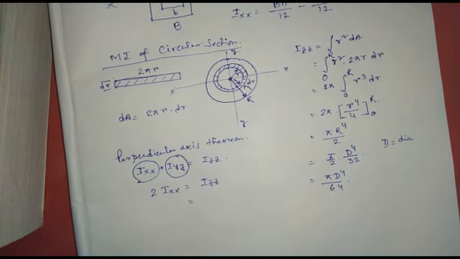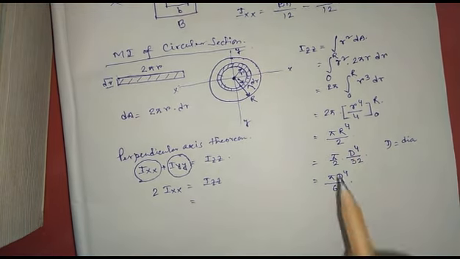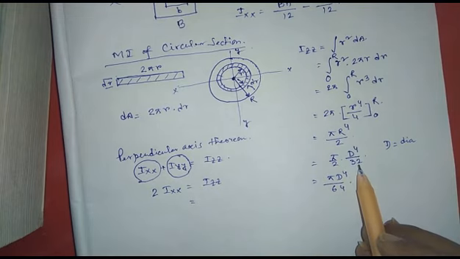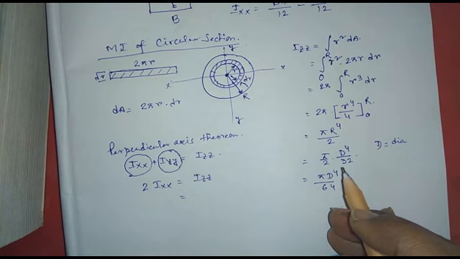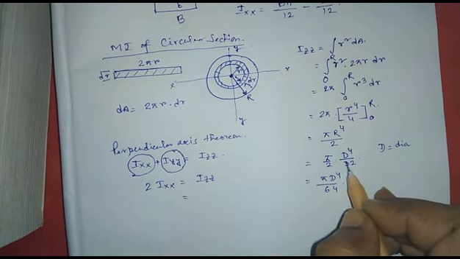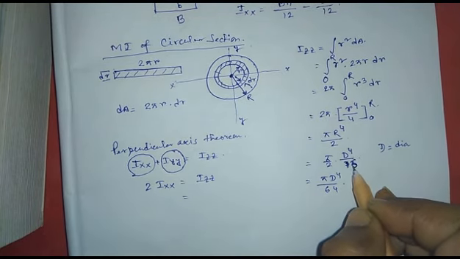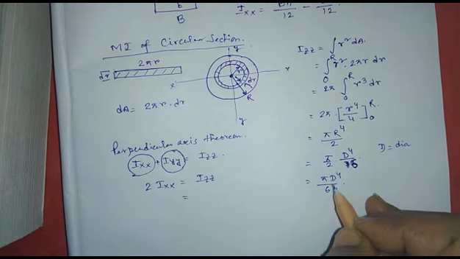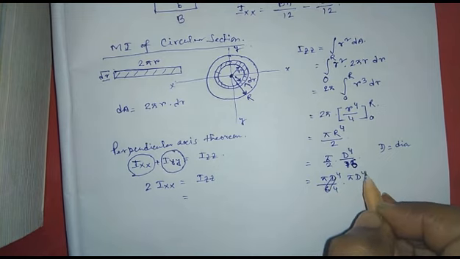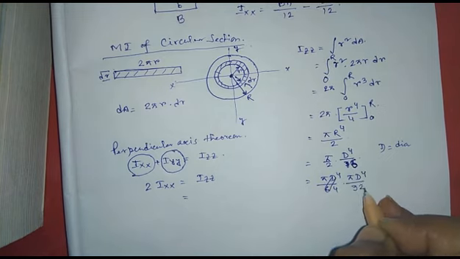I think I have done something wrong here. Sorry, it's my fault. 2 to the power 4 is basically 16, so this will come as 32.